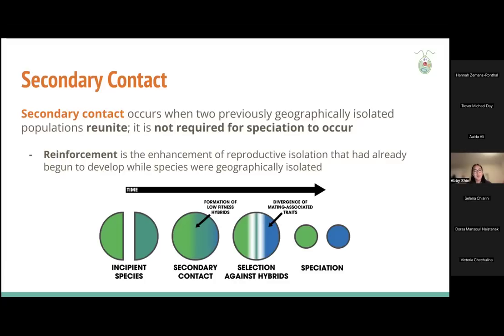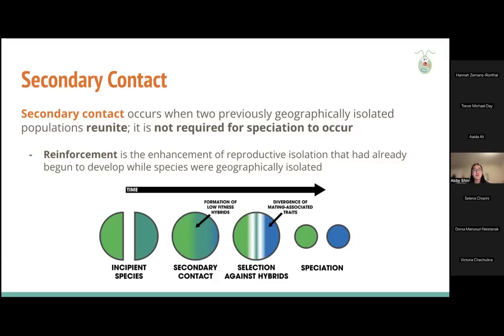One, you can have reinforcement of speciation. So it actually increases the rate of speciation, because if reproductive isolation occurs and these two groups are no longer able to mate with each other and produce offspring, then speciation will actually be sped up.